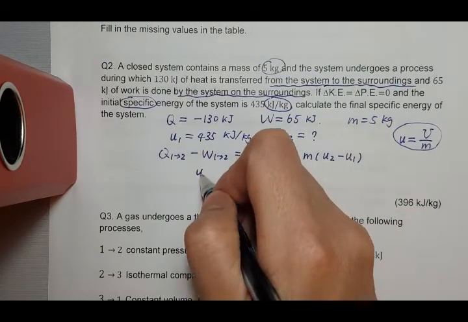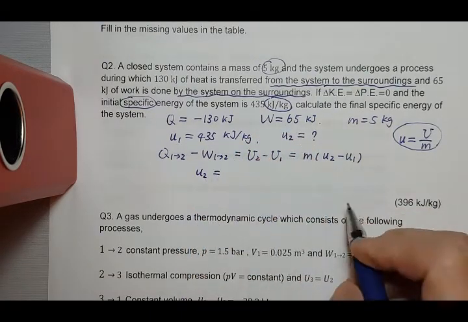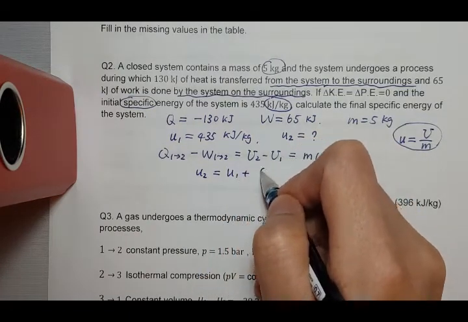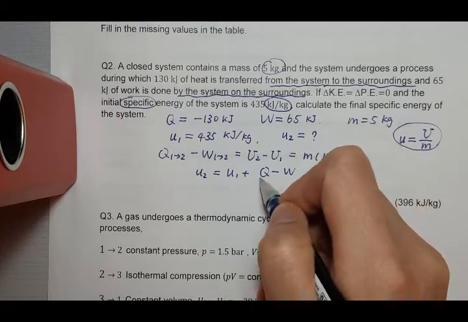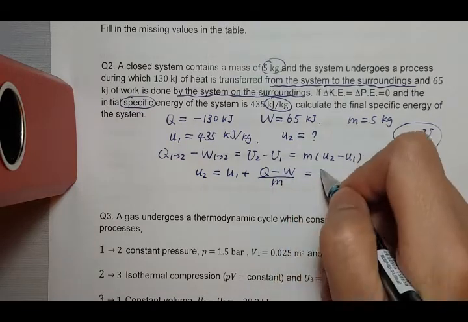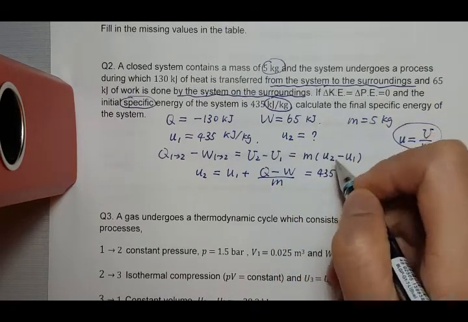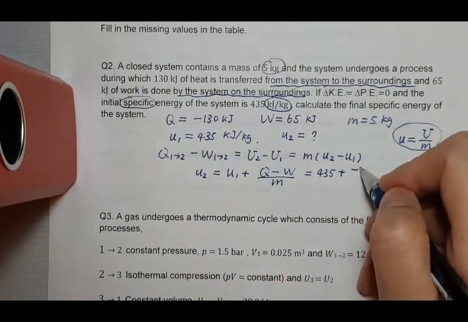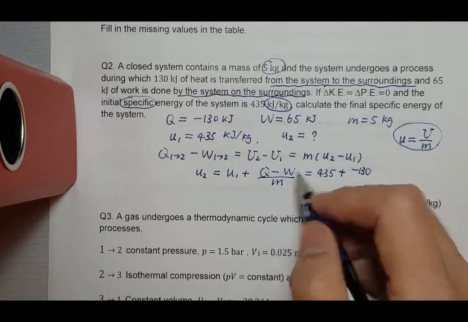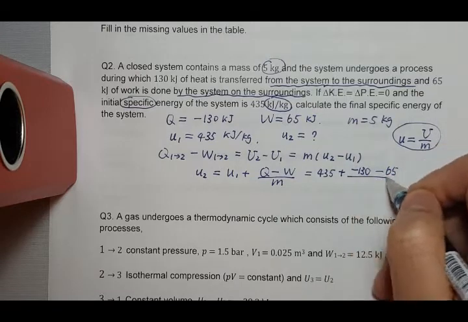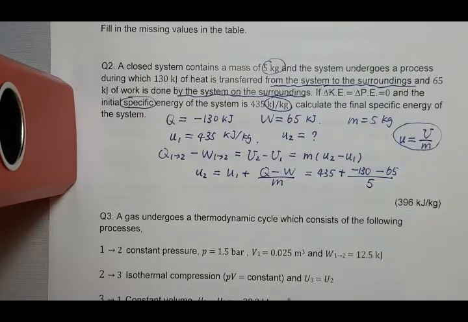So u2 is equal to u1 plus Q subtract W, divided by m. u1 gives us 435 plus Q, so be careful, that's minus 130, subtract 65, divided by m, which is 5.